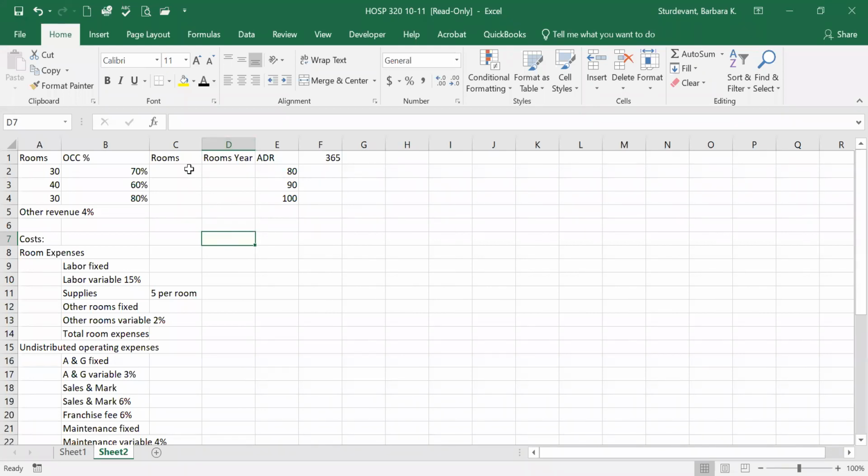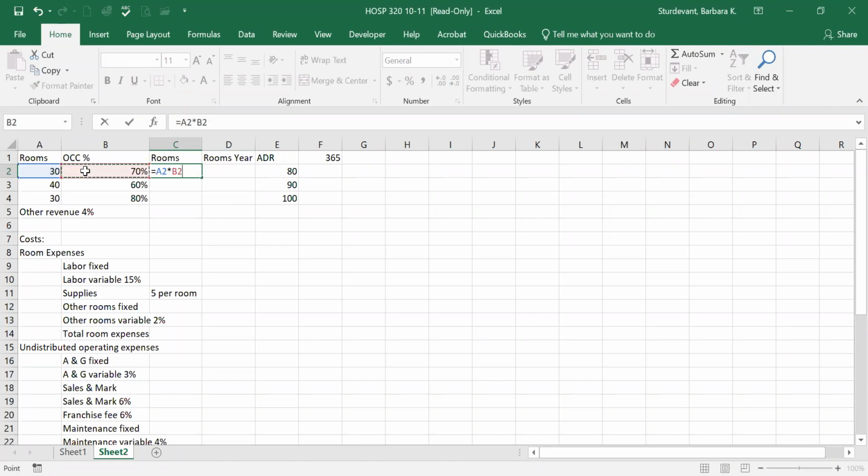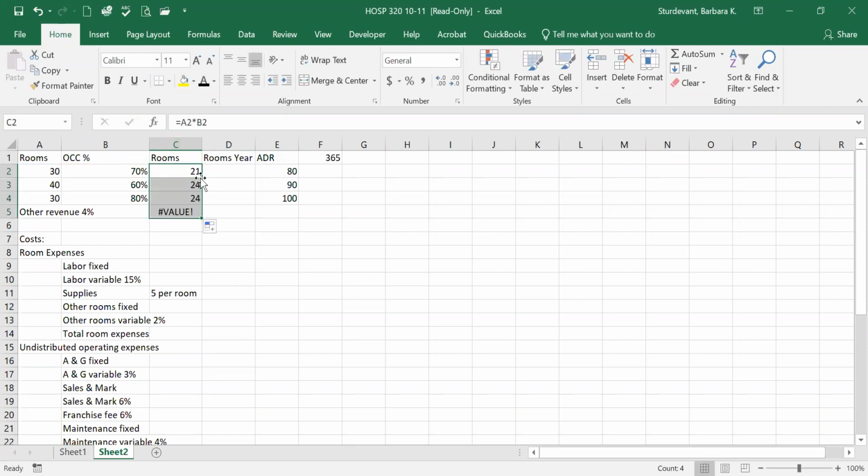So rooms per day, we would take the occupancy percentage times the individual rooms. So we would take this 30 times the 70%. And then we would just do that for each. So these are the number of rooms you're going to sell per day.